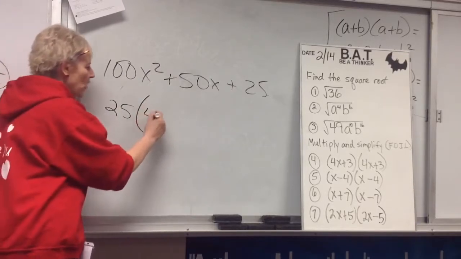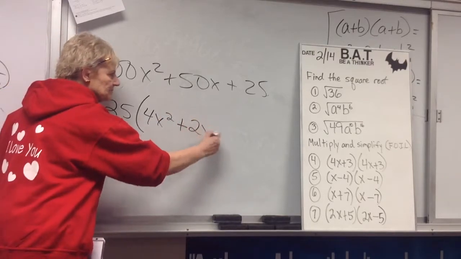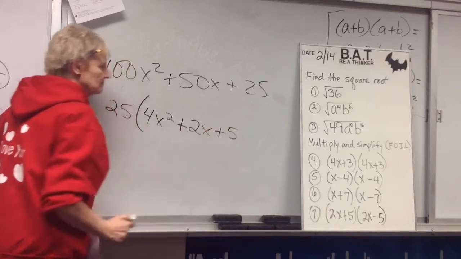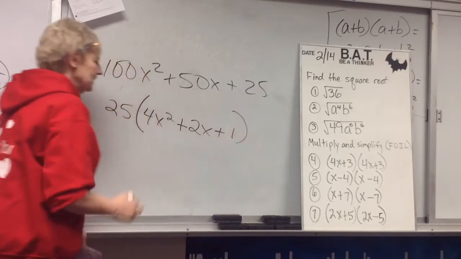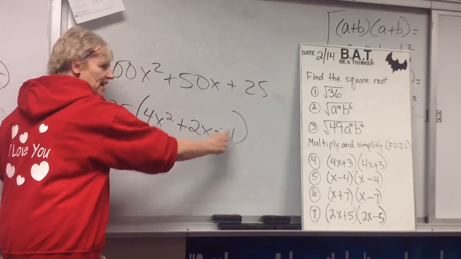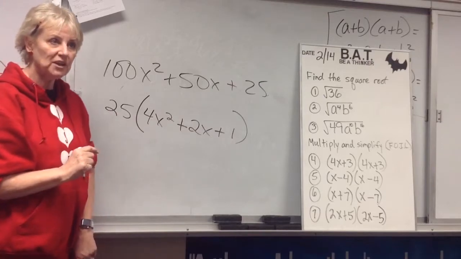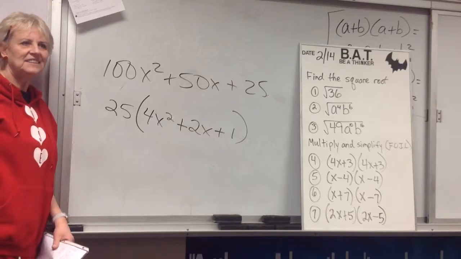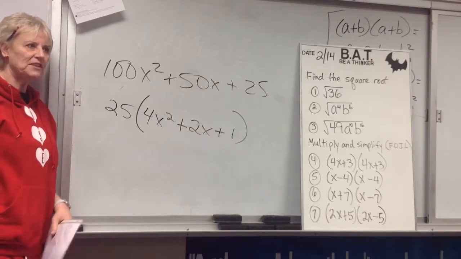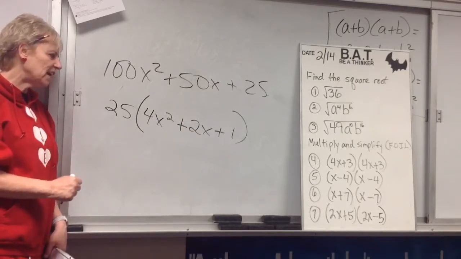Square root of that times the square root of that doubled is that. We still have a perfect square trinomial? No, it's not. Didn't work. It's not a perfect square trinomial anymore. You've got to say GCF every single time you factor.